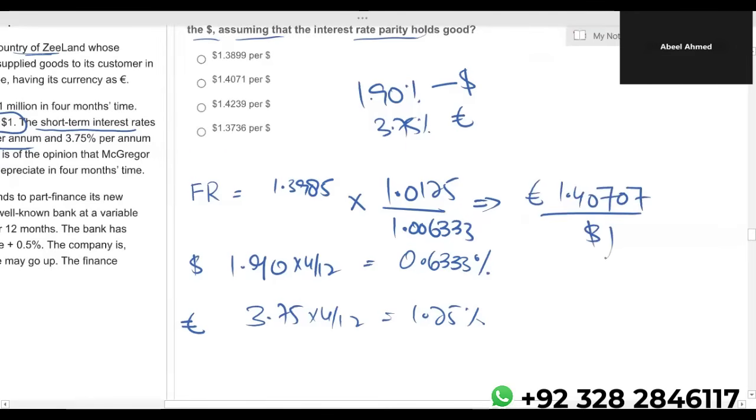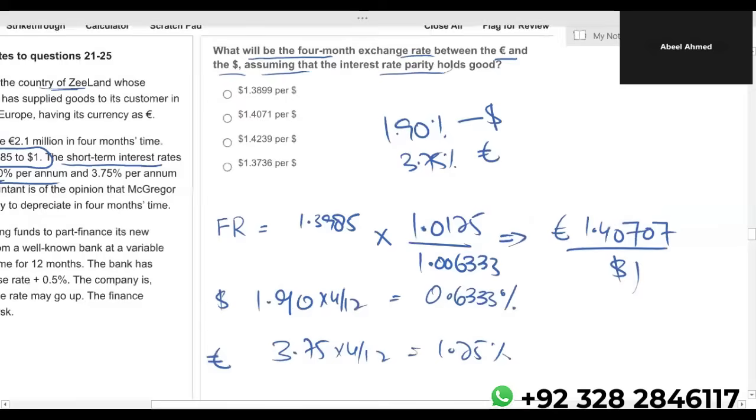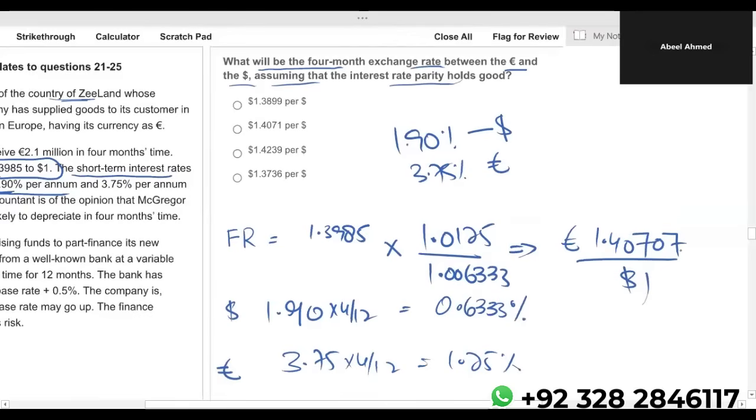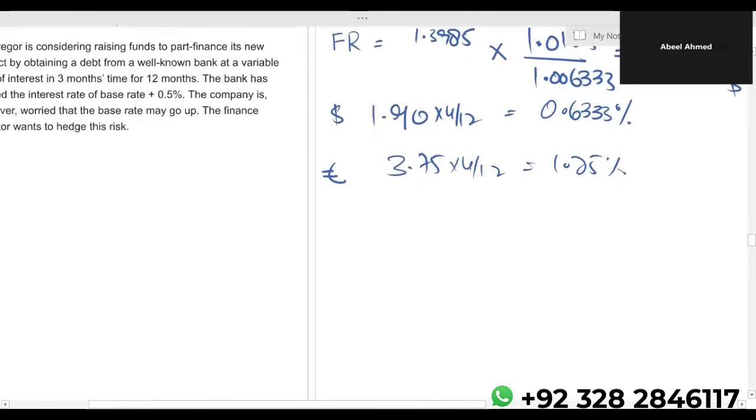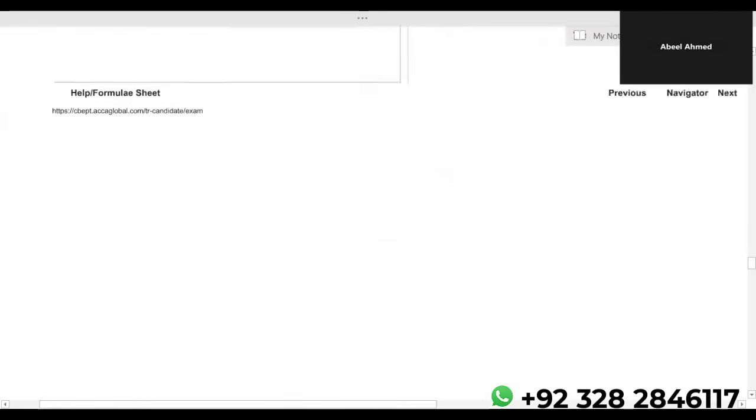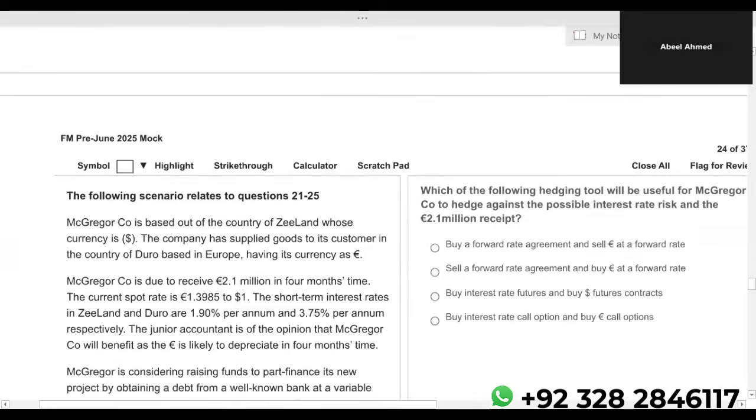Let's see the nearest one. 1.4070, this. So beta is the nearest one. If you don't get the exact answer, obviously go for the nearest one. So simply we have used the interest rate parity, nothing else. Till here it looks pretty straightforward.